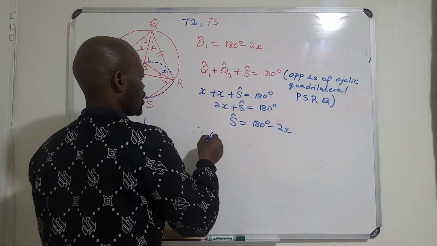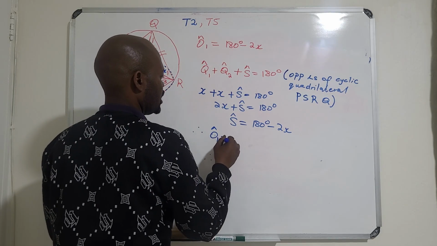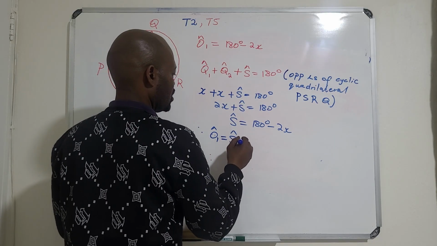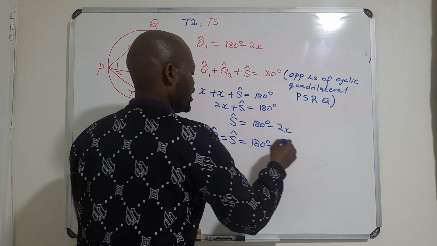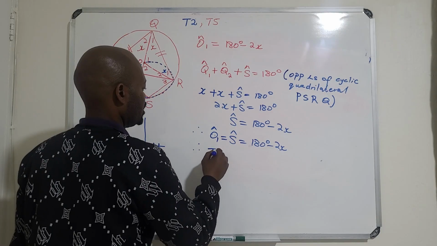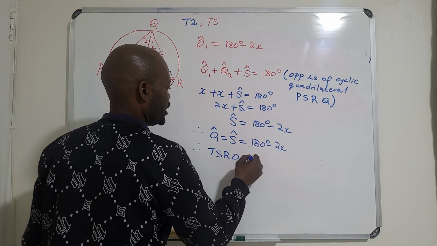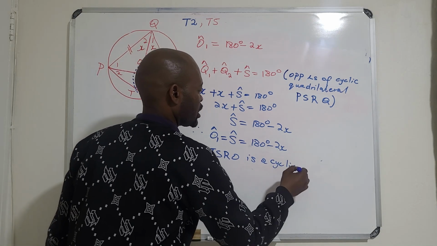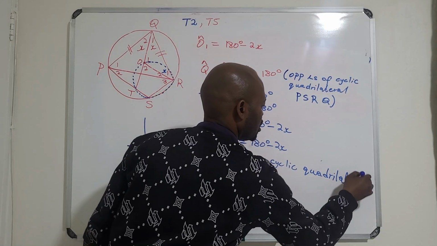Therefore, angle O1 is equal to angle S, which is equal to 180 minus 2x. Therefore, TSRO is a cyclic quadrilateral.